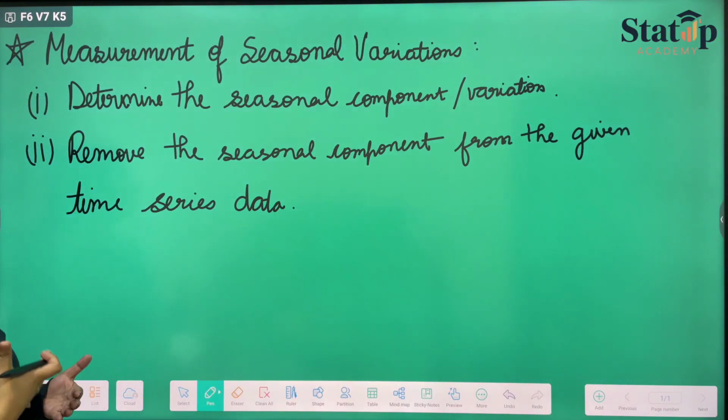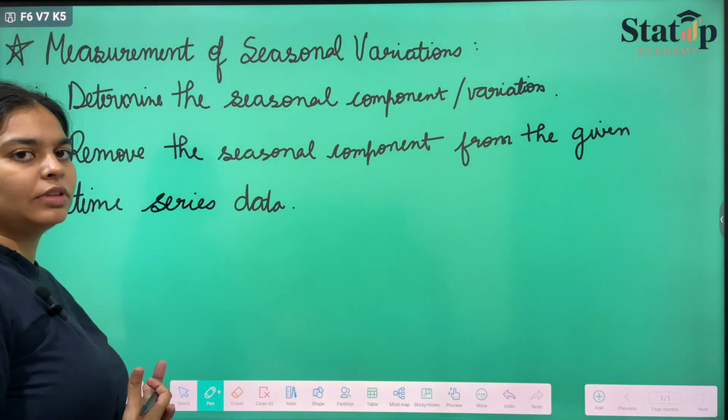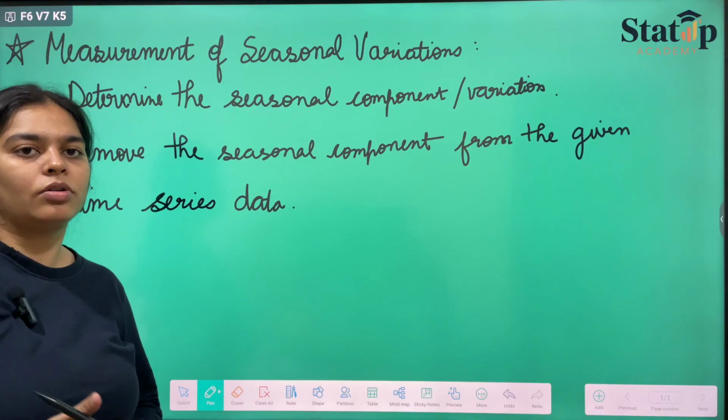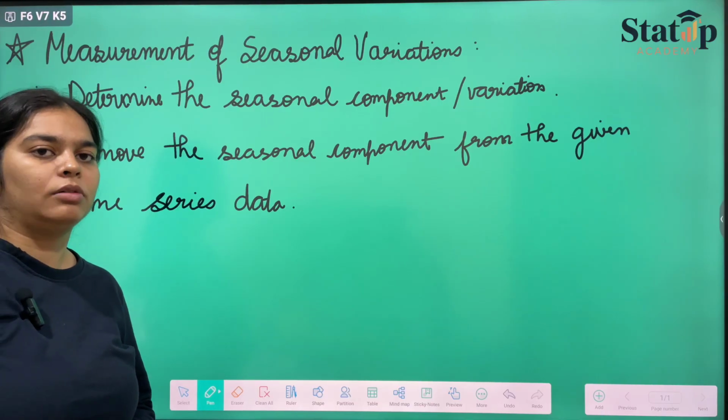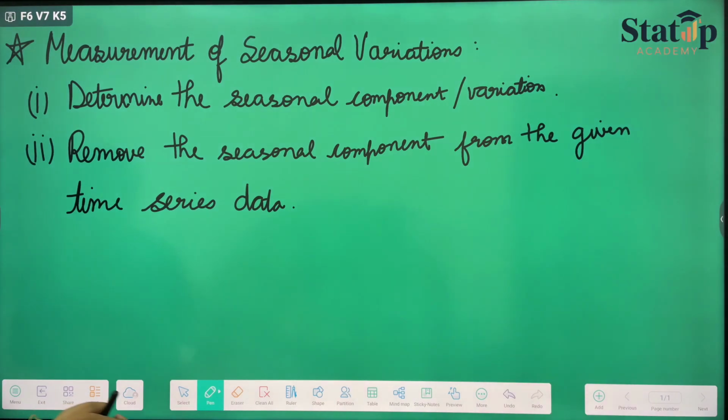So first of all, we'll determine what the seasonal components are, and when we receive that, then we'll remove those seasonal variations from the time series data in order to make our time series a better one as compared to the previous one.